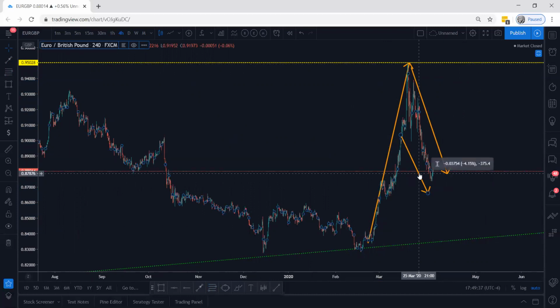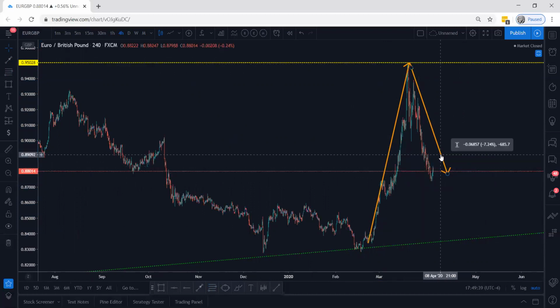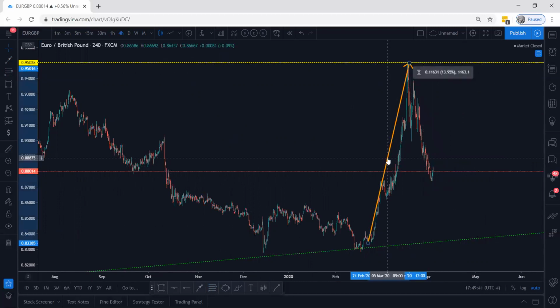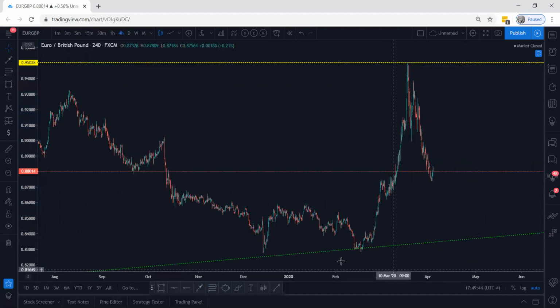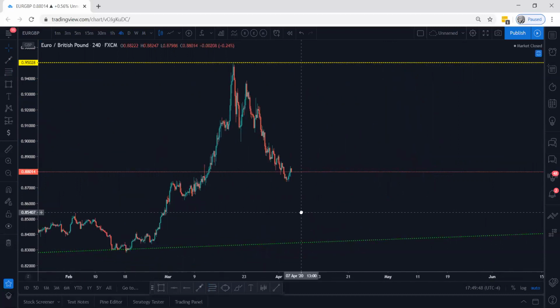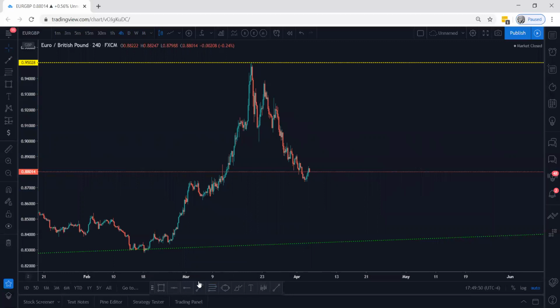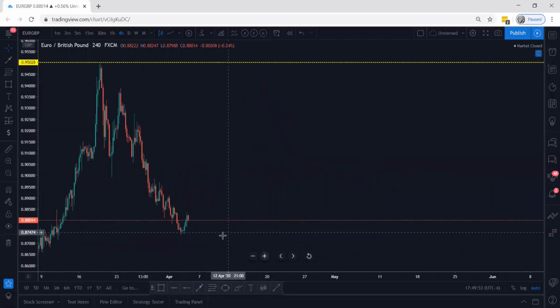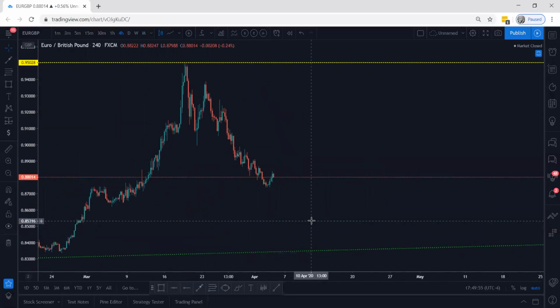So I want to look and see on this higher time frame what kind of zone we have there. So let's zoom in. Oh, actually, it's midnight one.